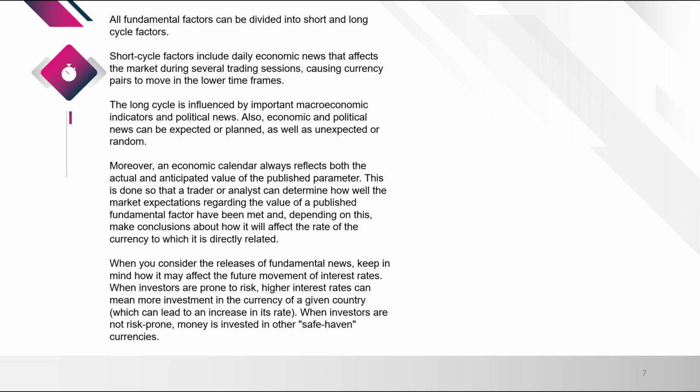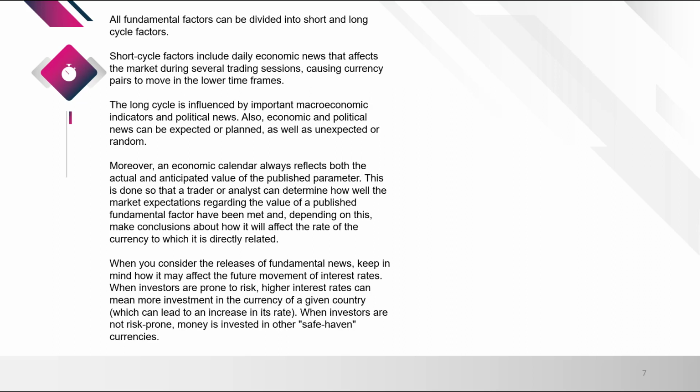All fundamental factors can be divided into short and long cycle factors. Short cycle factors include daily economic news that affect the market during several trading sessions, causing currency pairs to move in the lower time frames. The long cycle is influenced by important macroeconomic indicators and political news.